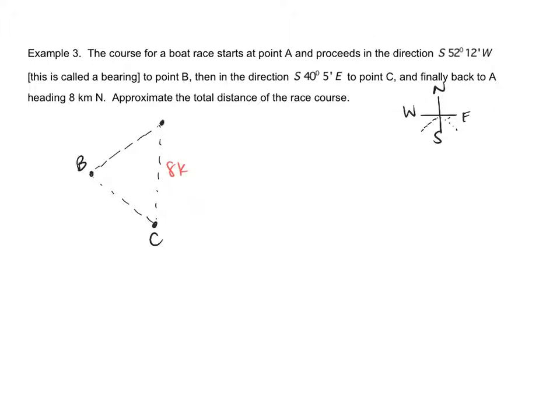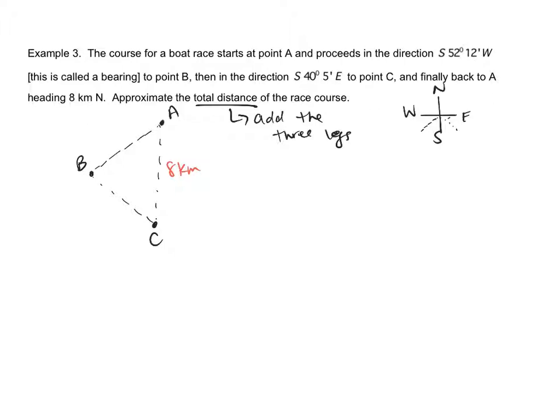Let's label our starting and finishing point, and we want the total distance, which means we are going to add the 3 legs together to get our total distance. We're taking the perimeter. And so now we just have to figure out what the length of the other 2 sides are.